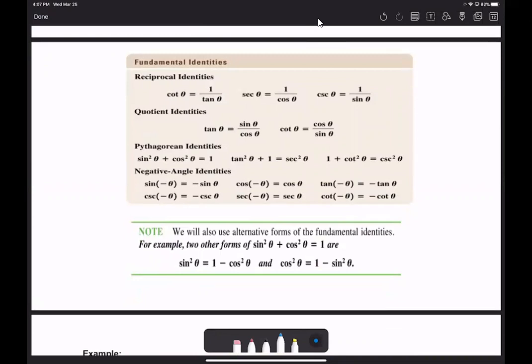We have up to this point not used these much, but from here on out we will use these identities to help with finding values and solving trig equations in the next few sections. And just remember that an identity is an equation where both sides are equal to one another. So they don't look alike, but they are the same thing.